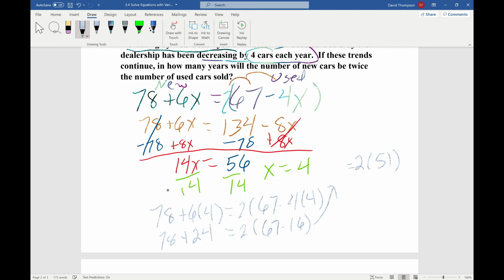And 78 plus 24 is 102. 2 times 51 is 102, so it checks out, and x equals 4 is our correct answer, and we're done.